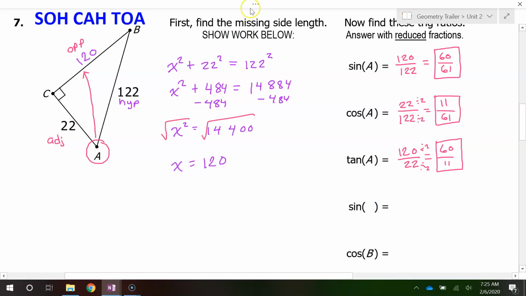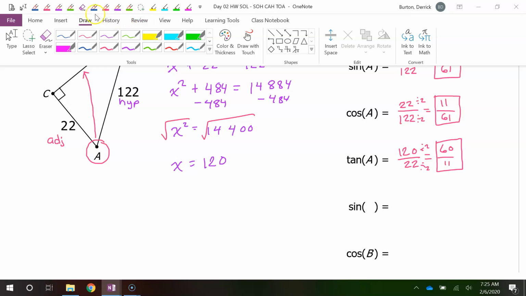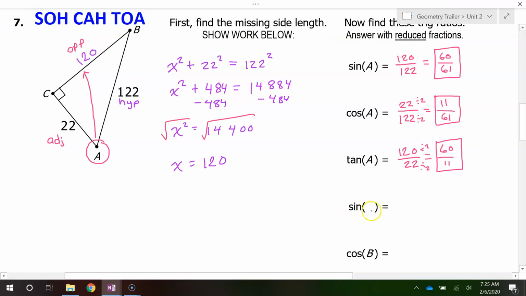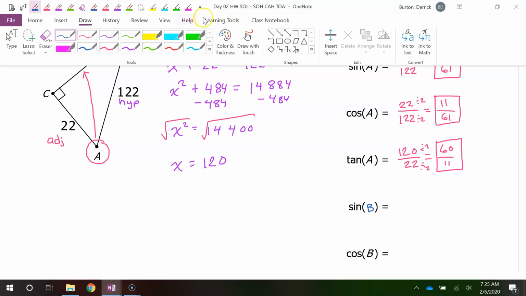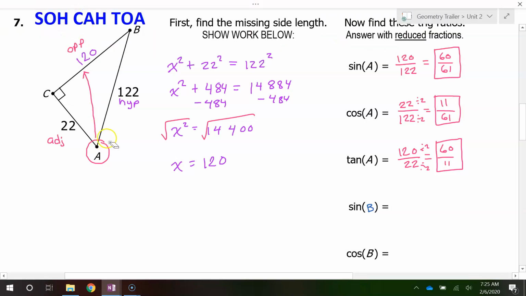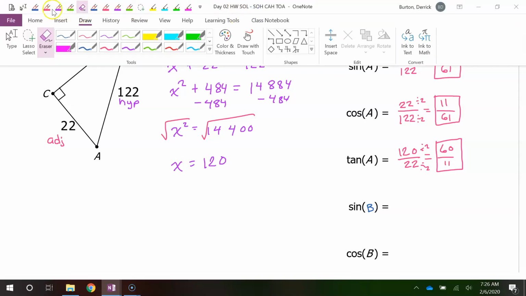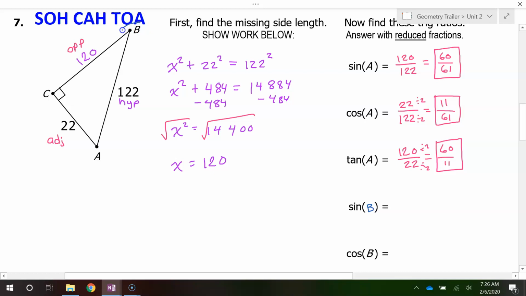All right, let's do sine of B instead. So we need to change the angle of focus now that we're talking about angle B. So let's circle angle B and draw the arrow.